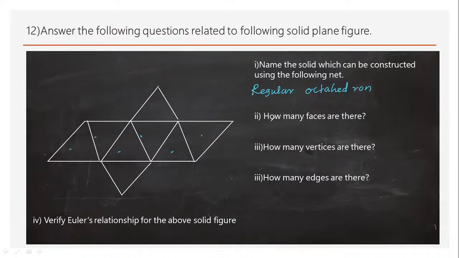Altogether, 8 faces are here. How many vertices are there? 6 vertices, right? When we fold and arrange the figure, we can see there are 6 vertices.